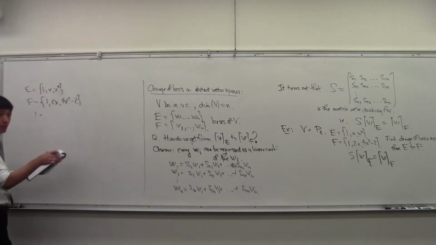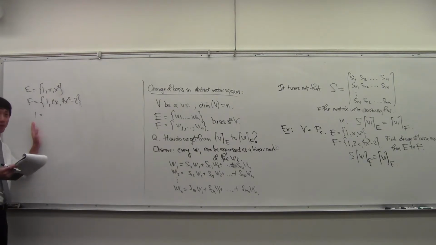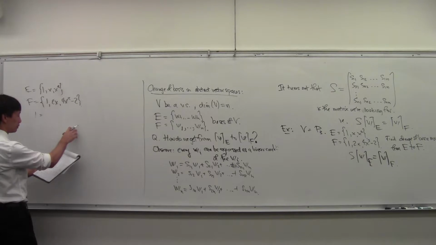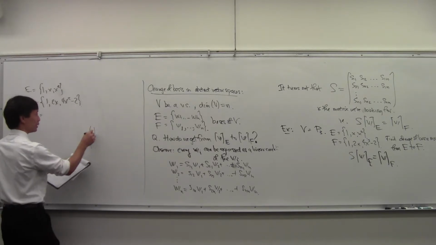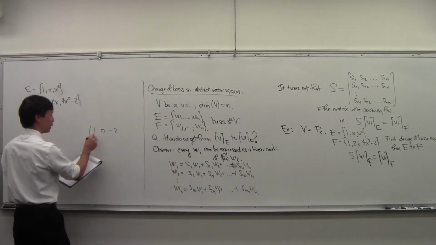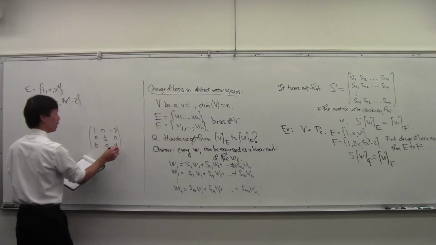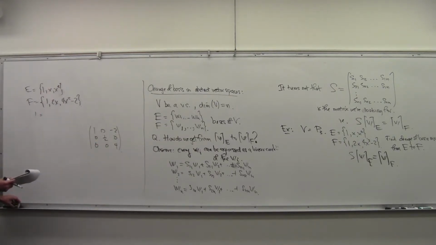Did anybody do it in the other order? Lizzie, yeah. 1, 0, negative 2. That sounds like the same thing. Keep on going. 0, 1 half, 0. 0, 0, 4. I think that's not right.